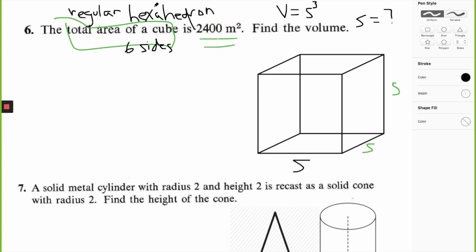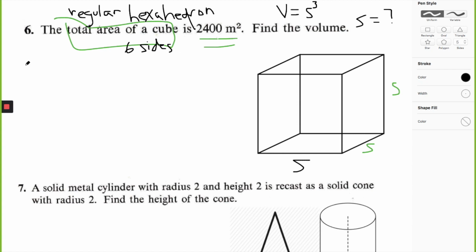A 6-faced figure. Hedra actually means faces, and hedron means a single figure with a certain amount of faces, that being 6 faces in this figure. And hedra is the plural. So if you had several cubes, you'd be like, look at all these great hexahedra.